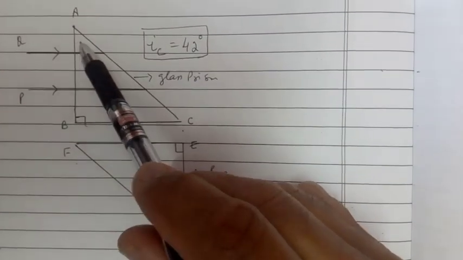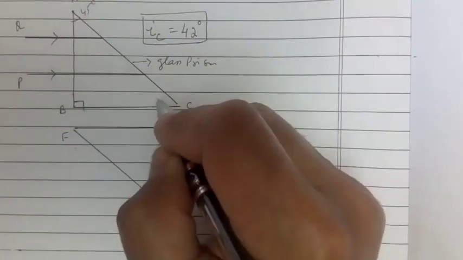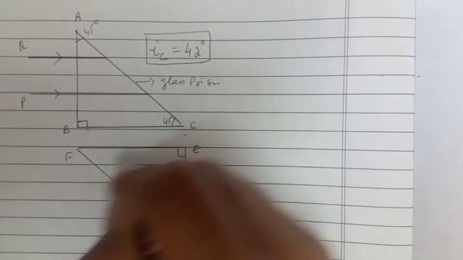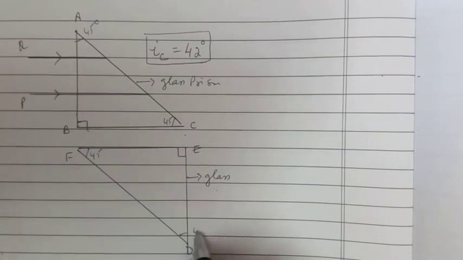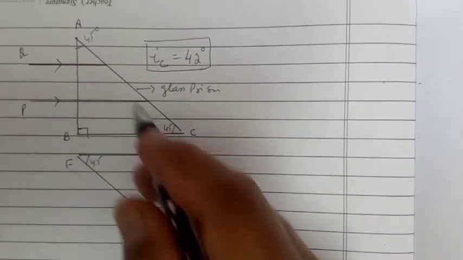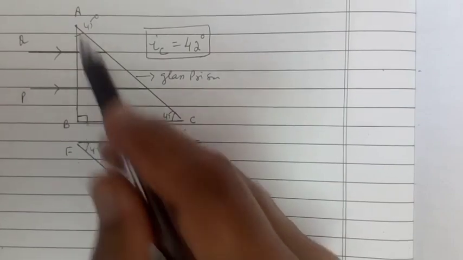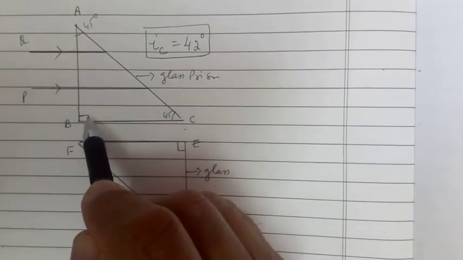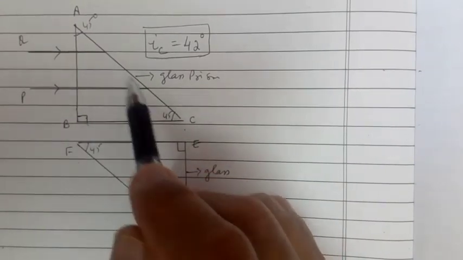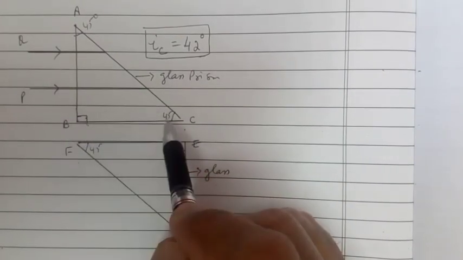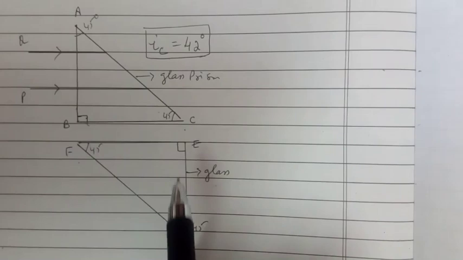So each angle is equal to 45 degrees. So we mark it: 45 degrees, 45 degrees, 45 and 45 degrees. The total sum is 180, so the other two should add to 90. So this plus this is 90. Each is equal to 45.